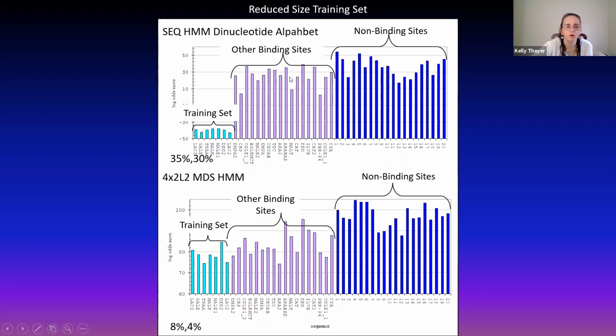So this is not a good model because we don't have good ability to do predictions. Here is a model that was parameterized in a different way, where our training set is performing similarly to other binding sites, and most of these similar binding sites are having a lower score than the non-binding sites, which means we have better discriminatory ability of the model, which gives us increased confidence that it's actually working.